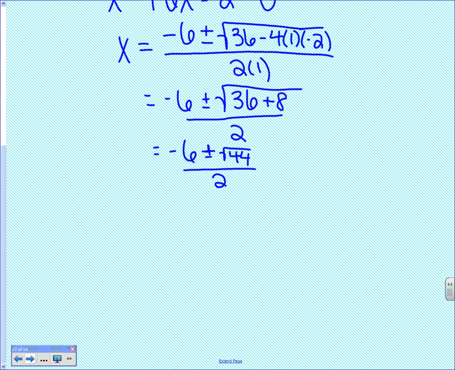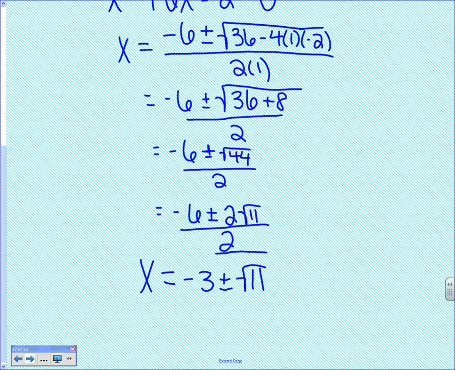So how can I rewrite the square root of 44? Two square root of 11. And do I leave my answer like that? I would say, so that's what x equals. Y'all see how this works?